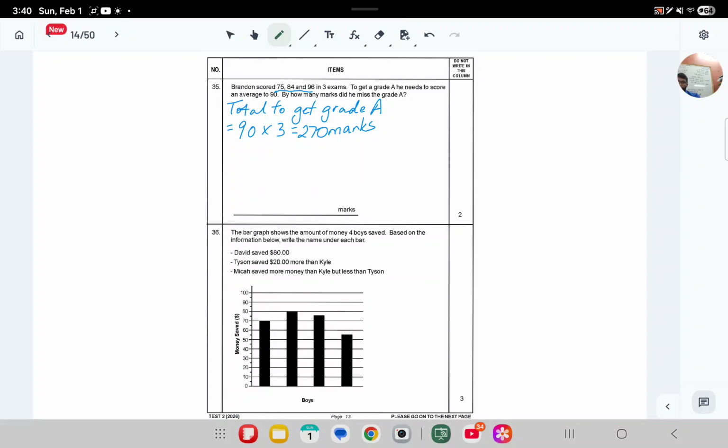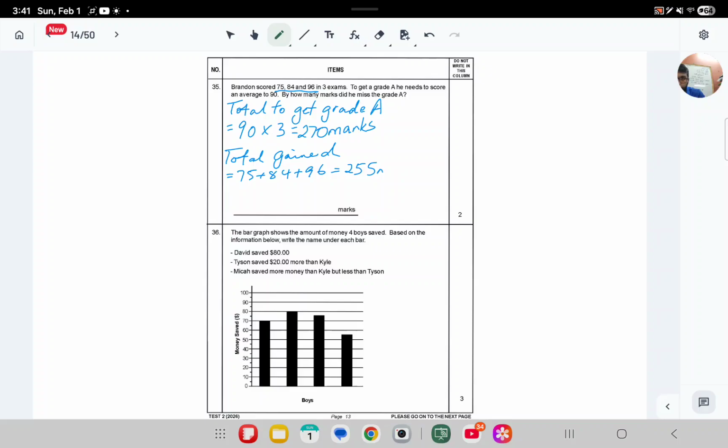Now we need to calculate the total that he gained. So total gain. We add now the 75, add 84, add 96, and that should give us 84 add 96 would be 180, plus 75, which is 255.